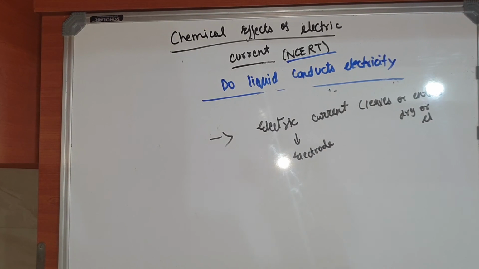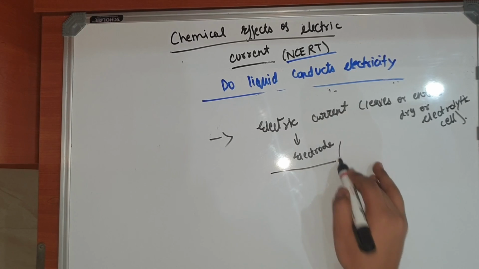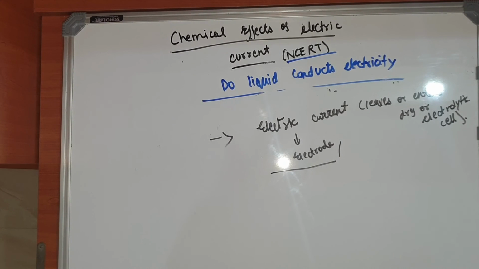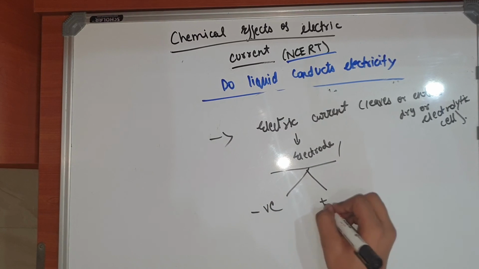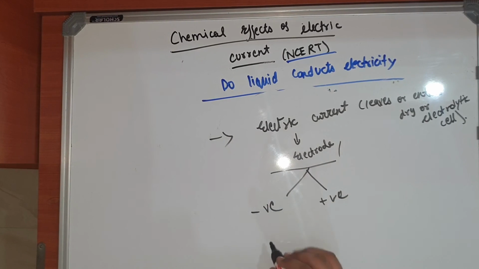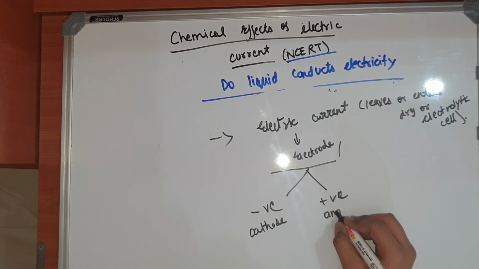The circuit which I showed you just now is an example of an electrolytic cell. So electrodes are of two types: negatively charged electrodes and positively charged electrodes. Negatively charged electrodes are known as cathode and positively charged are known as anode.